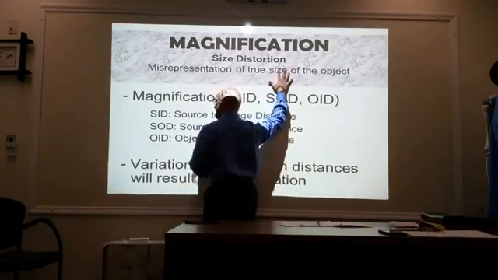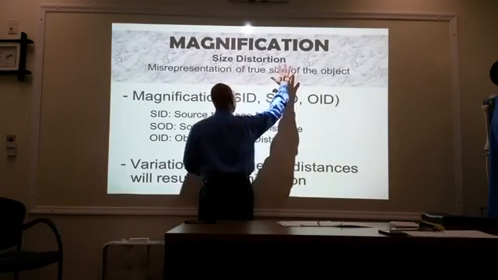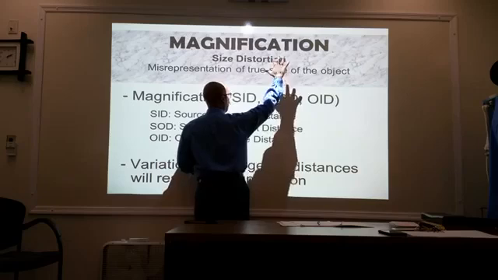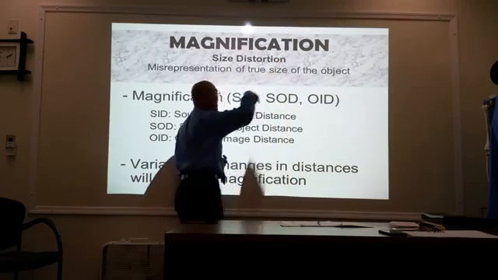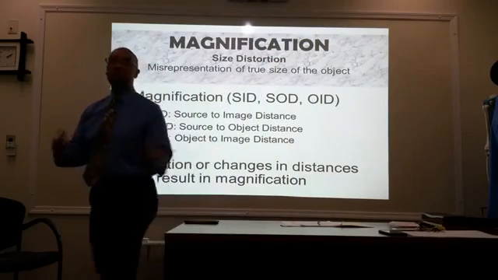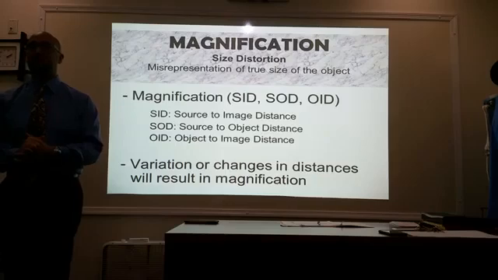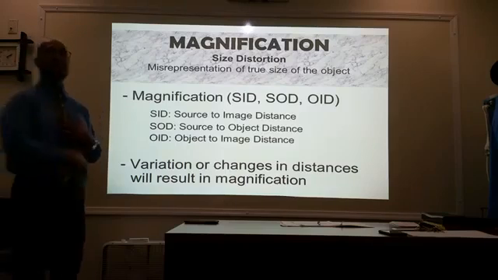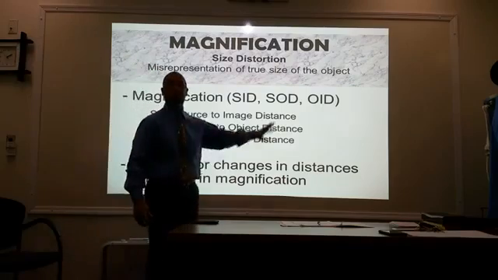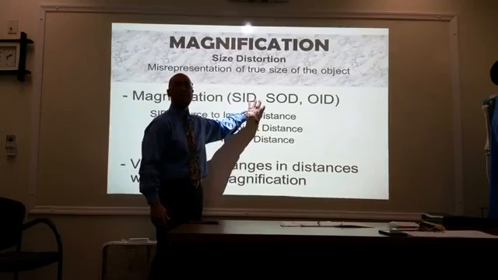This is no magnification. Okay? This is magnification, where the true size of the anatomy being radiographed is distorted. It's a lot larger than the original. Okay? We are three-dimensional. So the best way to decrease magnification is to get the body part as close to the image receptor as possible. You guys are following?